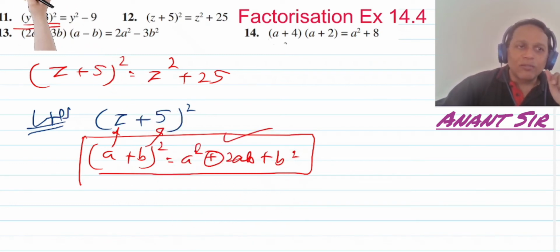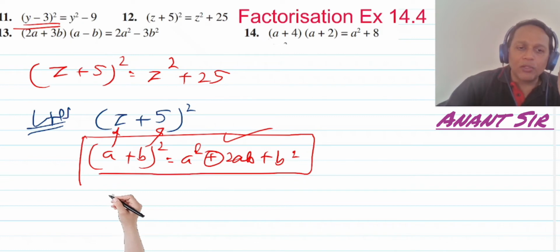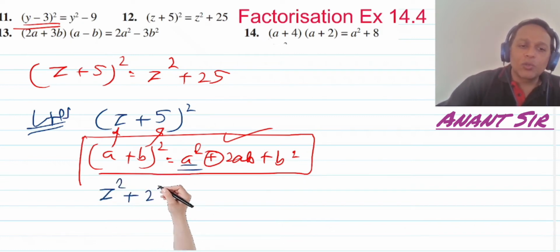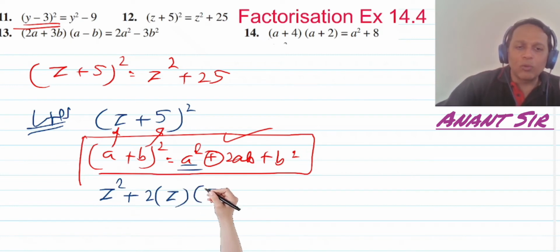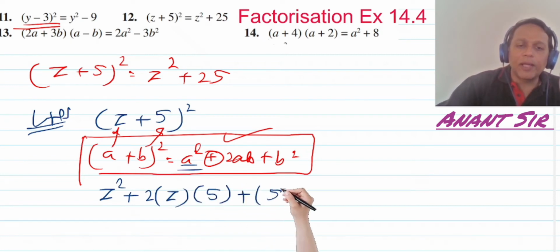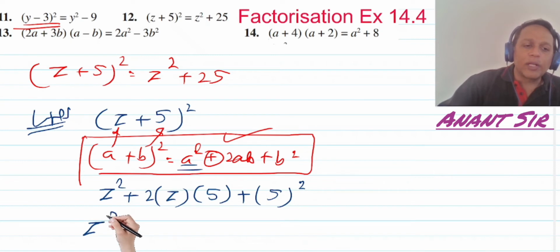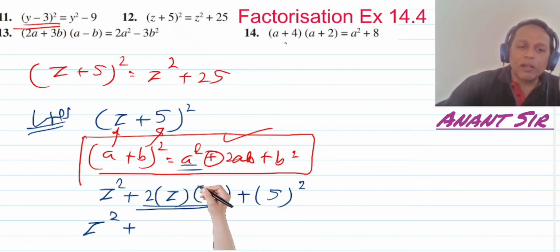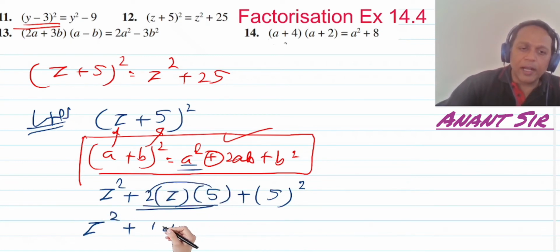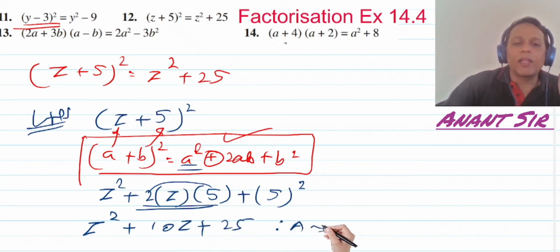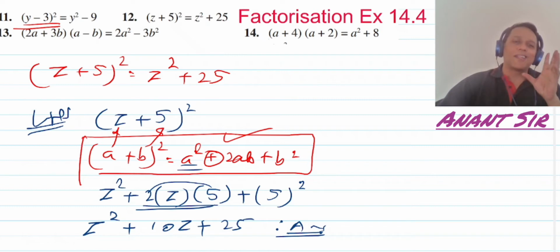Now a square will be z square plus 2 into a is z into b is 5, plus b square is 5 square. So it is z square plus 10z and plus 5 square is 25. So this is our final answer, friends.